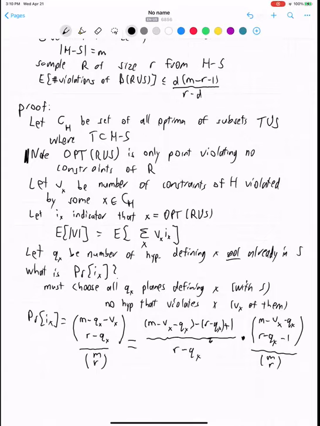So this is just using one of the standard identities of binomial coefficients, right? That n choose k, I can pull out an n minus k and a k and get a different binomial coefficient. Yes?